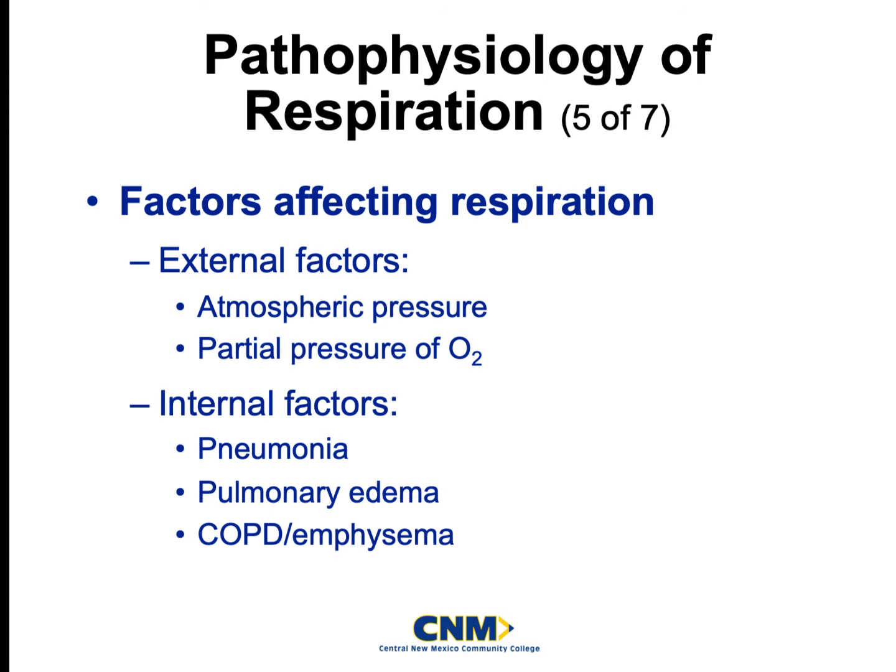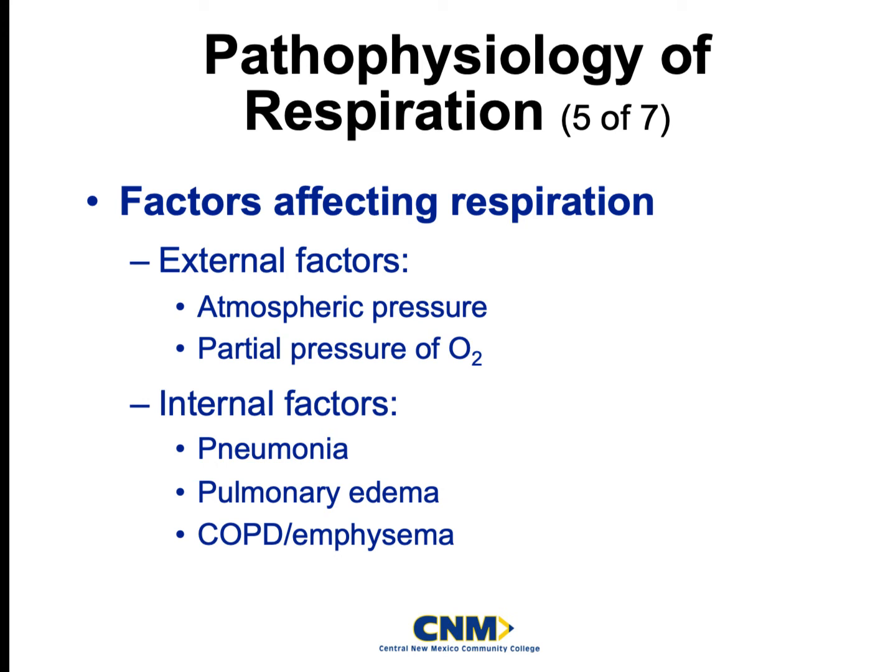Okay, some factors that can actually affect respiration. All right, some factors that can actually mess with the adequate gas exchange at the alveoli level. It could be atmospheric pressure. If you guys decide to climb Mount Everest one day or try to climb the Himalayas, the air is getting thinner, right?